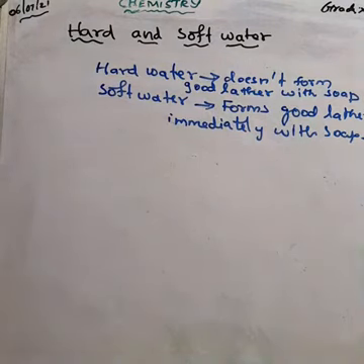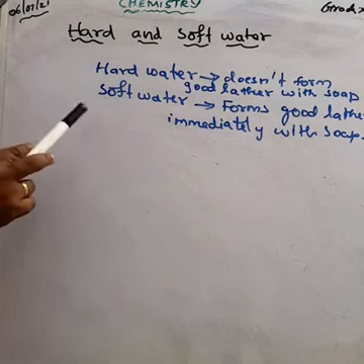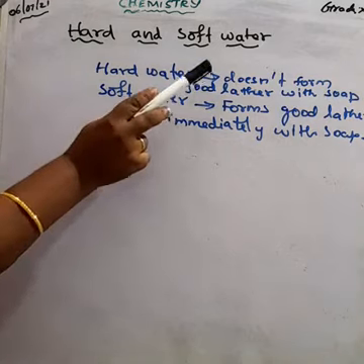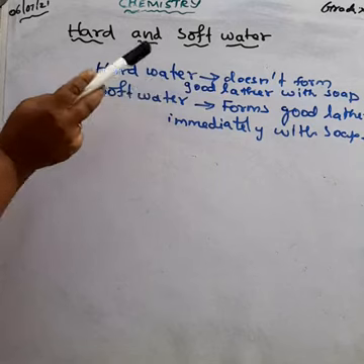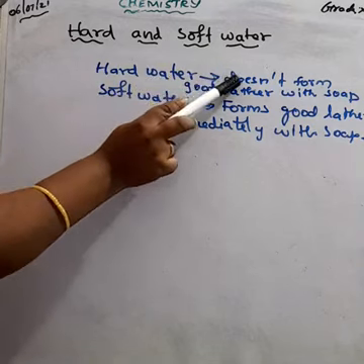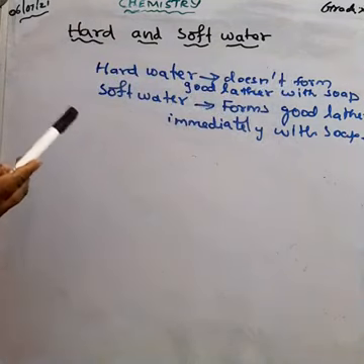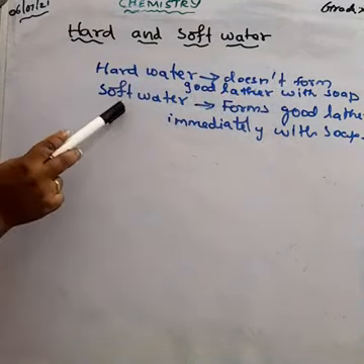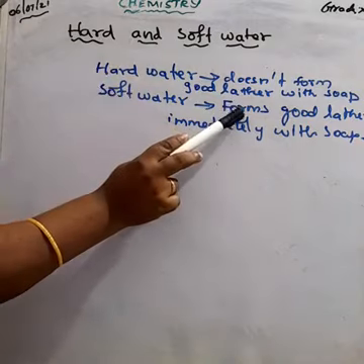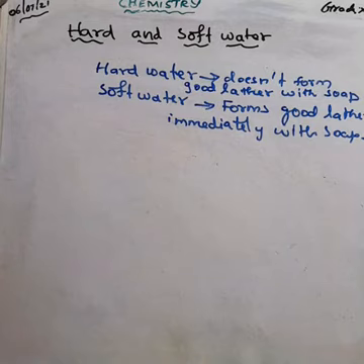So how can you identify whether it is soft water or hard water? When we are washing cloth using soap, if we are using hard water, it does not form good lather with the soap. If we are using soft water, it forms good lather immediately.